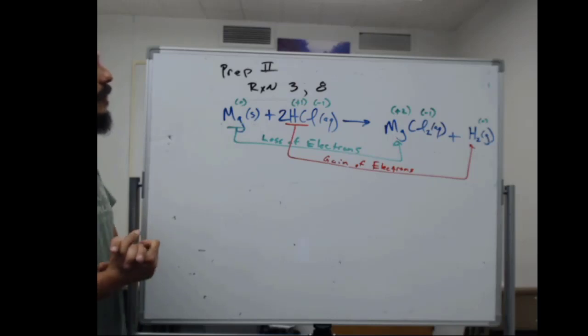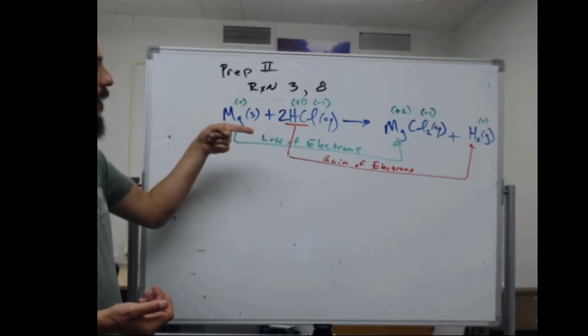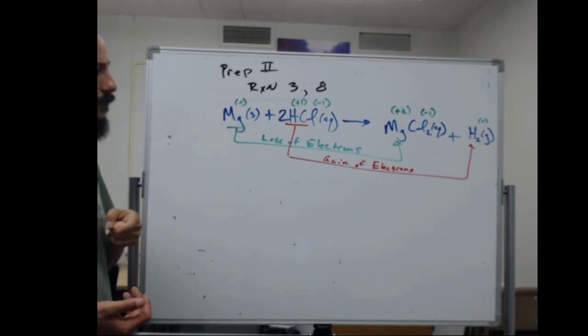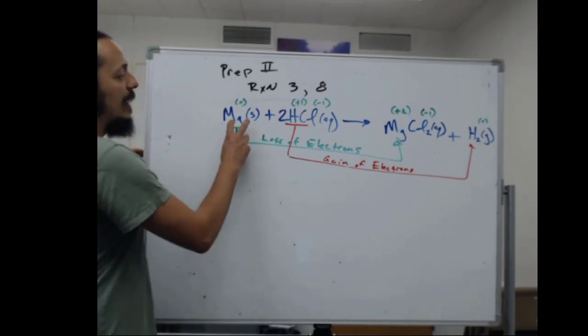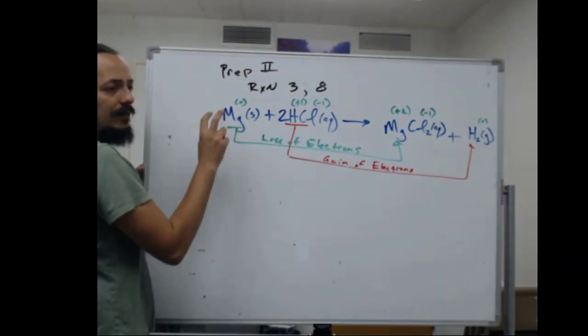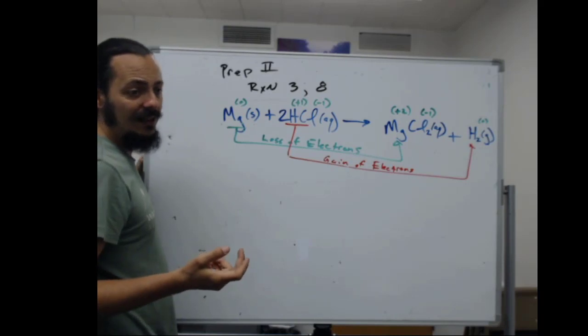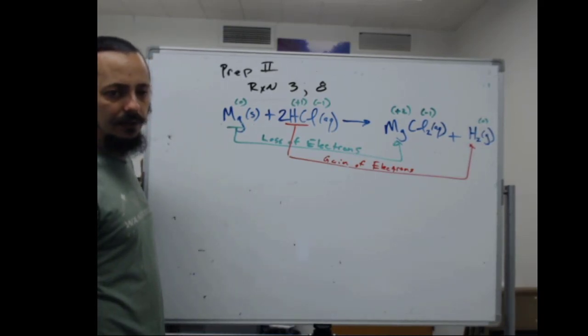So if I were to categorize this reaction, it's redox because I've got my reduction and oxidation happening. Big signs for redox reactions: if you ever end up with things in zero charge states, neutral elements, that usually means there's a redox reaction going on someplace.